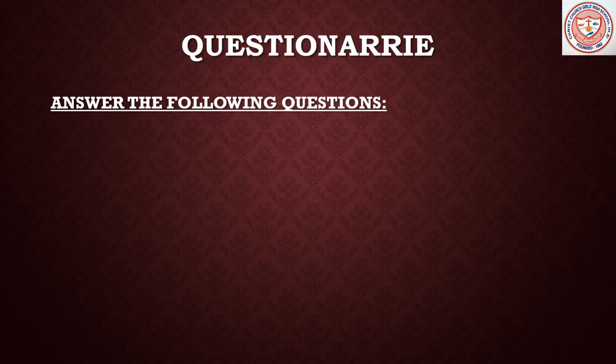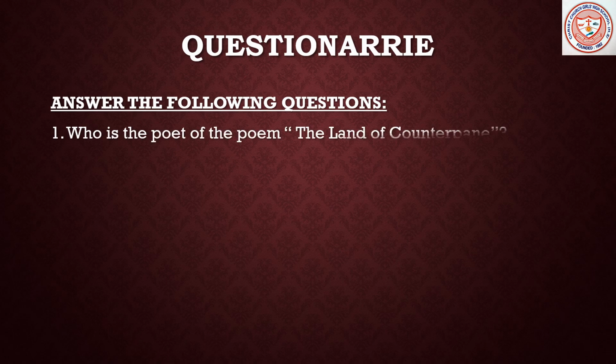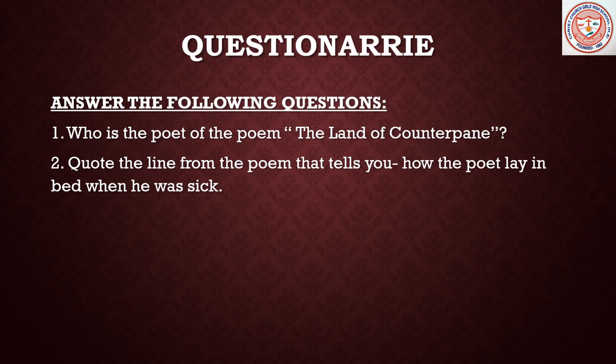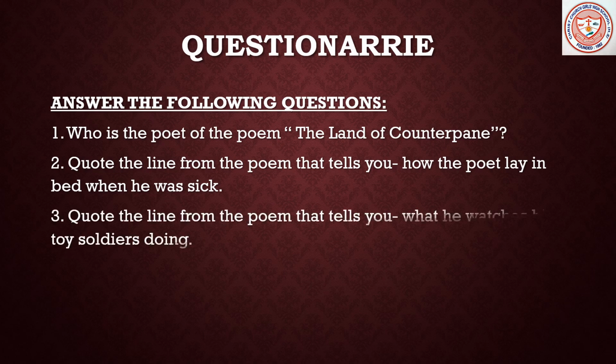Answer the following questions. Number 1. Who is the poet of the poem The Land of Counterpane? Number 2. Quote the line from the poem that tells you how the poet lay in bed when he was sick. Number 3.